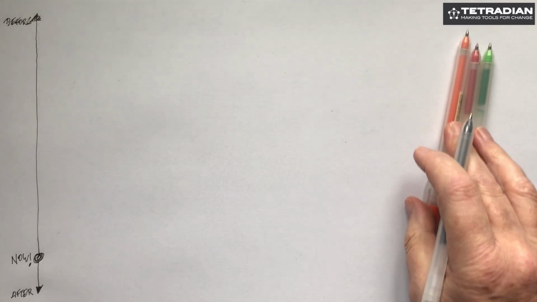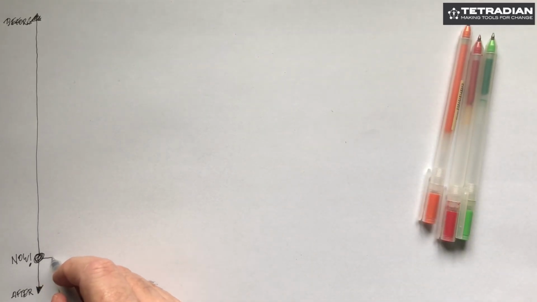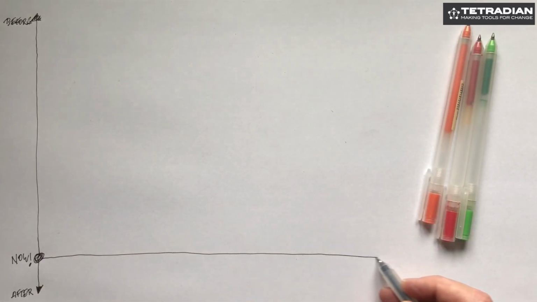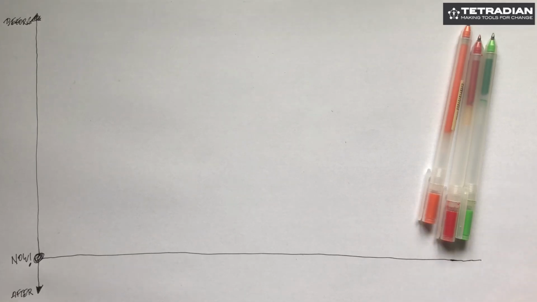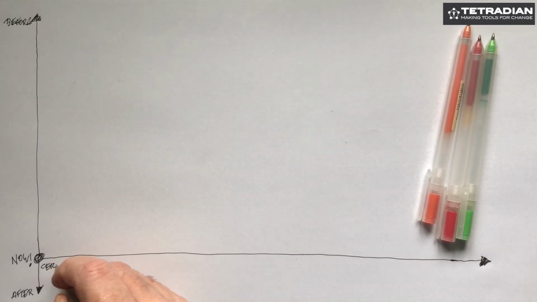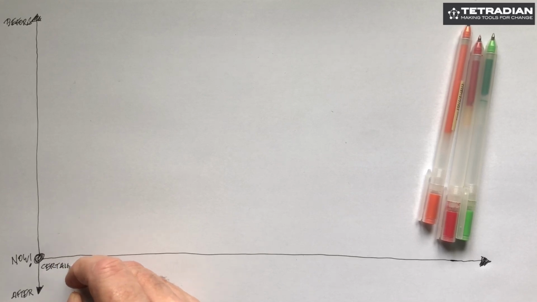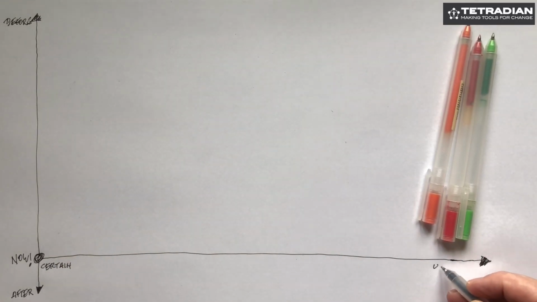And in the opposite direction, we've got a scale of uncertainty or complexity, all the way out to complete uncertainty. We have no idea what's going on. So from certain to uncertain.